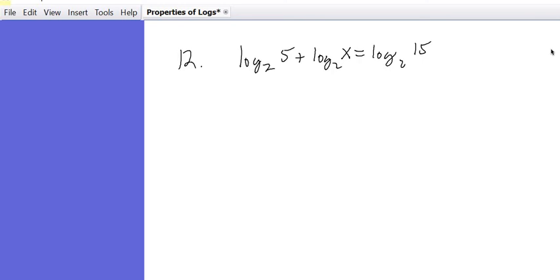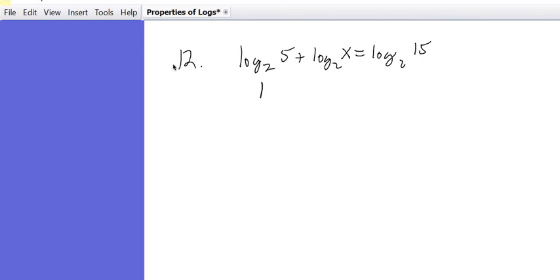I don't want log base 2 plus log base 2 equals log base 2. I want just one log on each side in order to use the equality property. So how can I rewrite this left side according to the product property that we learned today? What would it look like?